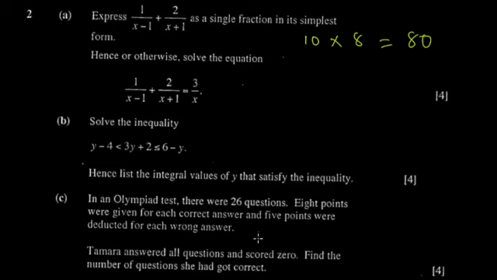The other questions would be 26 subtract 10, then you get 16. So she got 16 wrong. So 16 by what? She was getting 5 points deducted, then you get negative 80 here. So 80 and negative 80 actually get 0, and that's why this answer is correct. Okay, so these are some of the ways that you can prove your answers. So this is it.